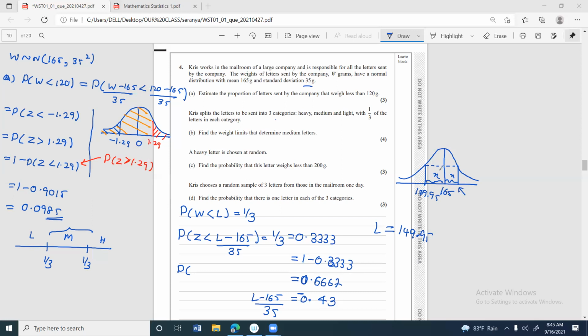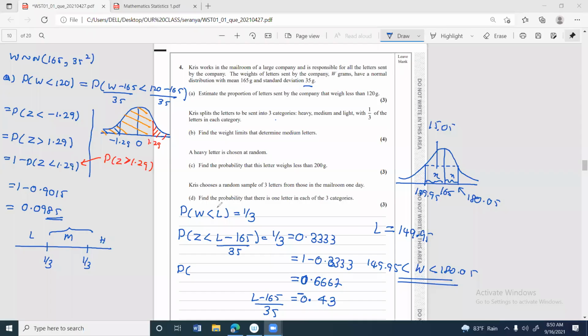So you add that gap to the other side: 165 plus 15.05 becomes 180.05. So the medium range would be the weight between 149.95 and 180.05 for this question, right?